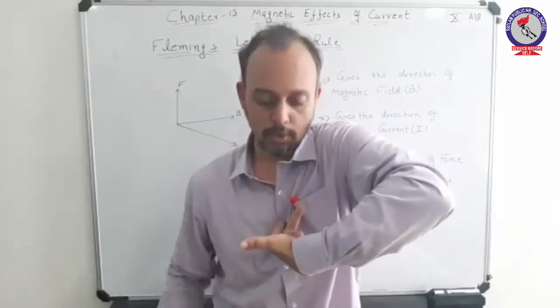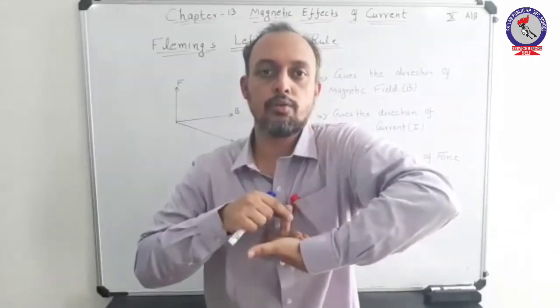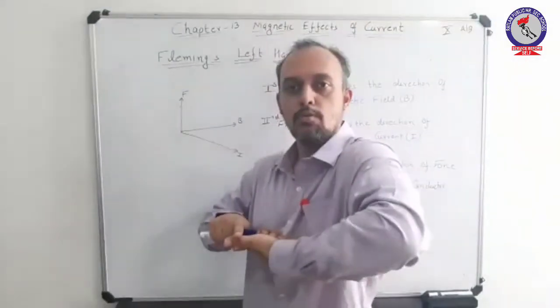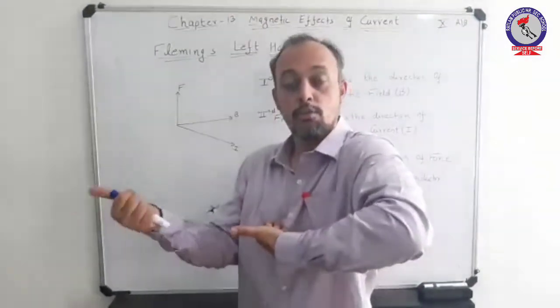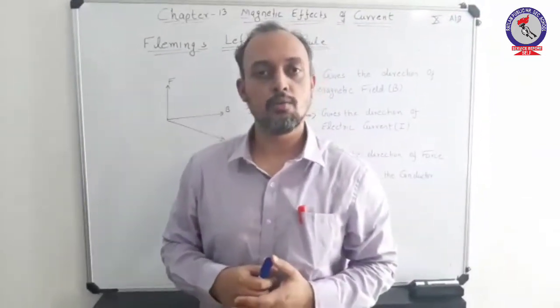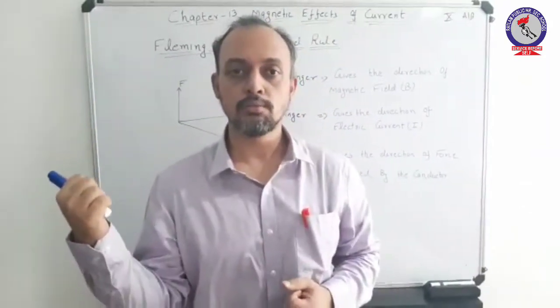As you can observe, the thumb is pointing in this direction, which means any conductor when kept in such a condition will experience a force in this direction, that is towards my right.